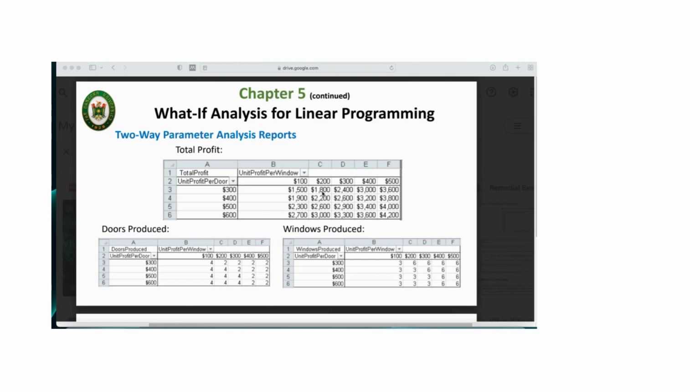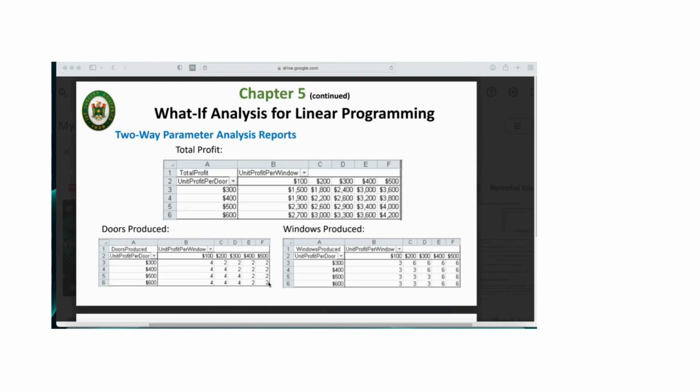So we have $2,200 for the total profit, which will result from the combination of 400 and 200: unit profit for the window of 200, in combination with 400 unit profit per door. So there it is: how to interpret the two-way parameter analysis reports.